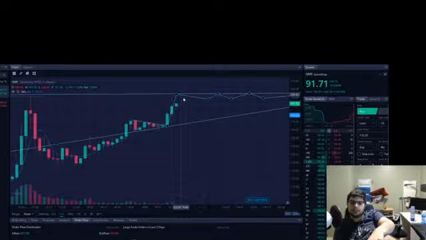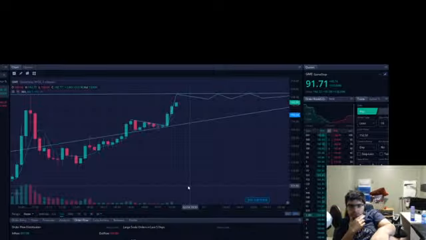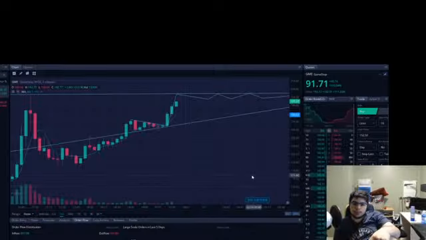This would set up for another descending triangle, which is very bullish, so it's still very good. Look at that. Amazing.